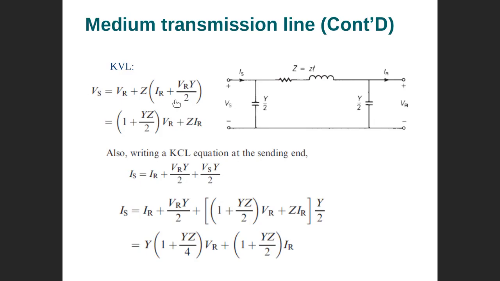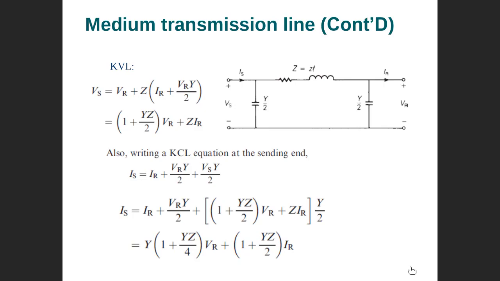The idea here, we want V sending on one end, V receiving and I receiving on the other end. Similar for the I sending also. This will be related to I receiving, the receiving end, and the sending end. We can relate them this way.